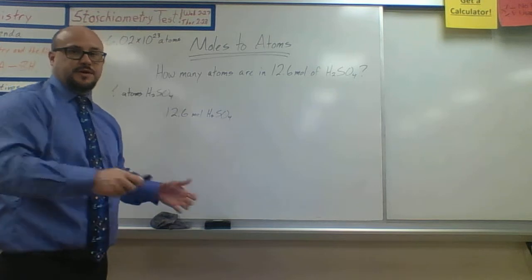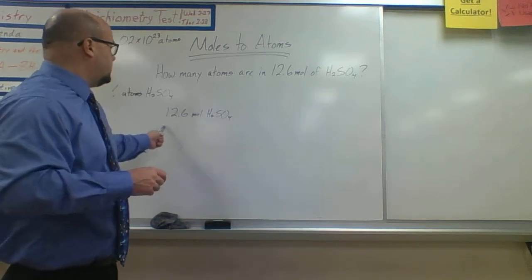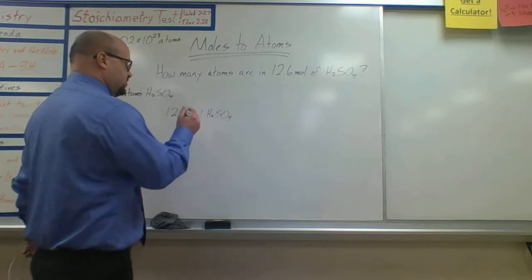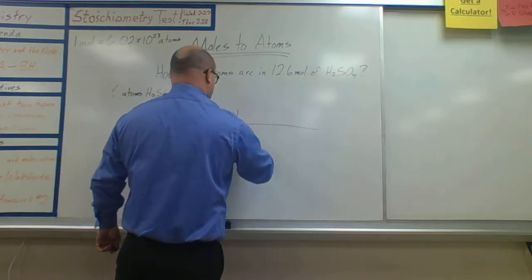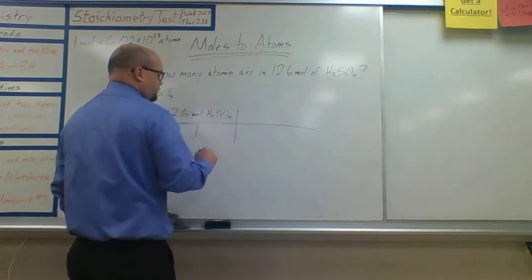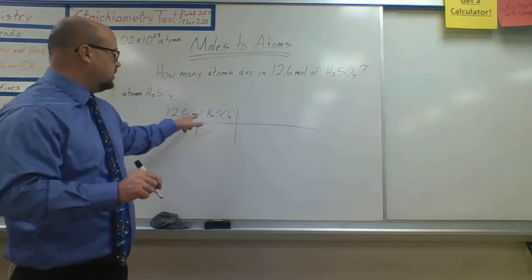Again, the railroad technique helps us out. 12.6 moles of H2SO4, draw your railroad track, railroad tie, over 1. Then you're looking for atoms, so you want moles to cancel.